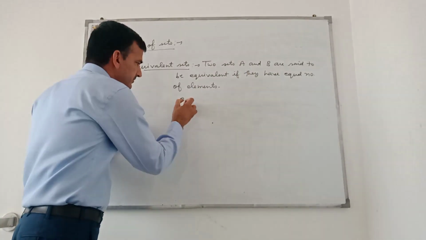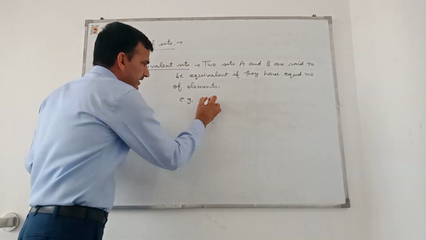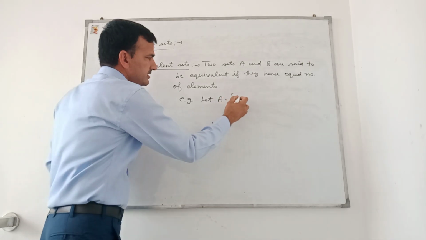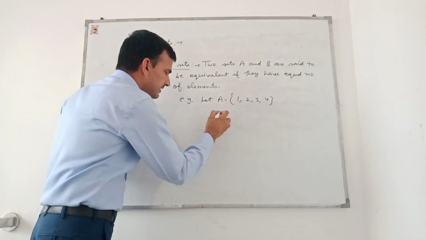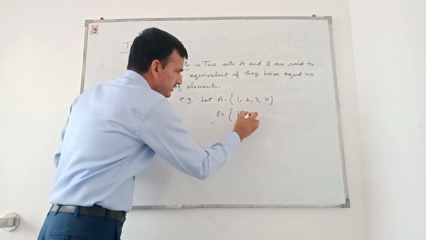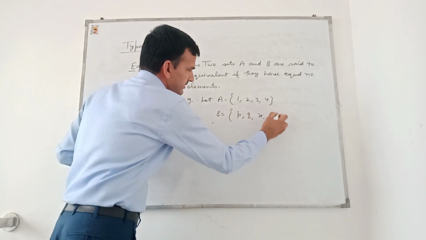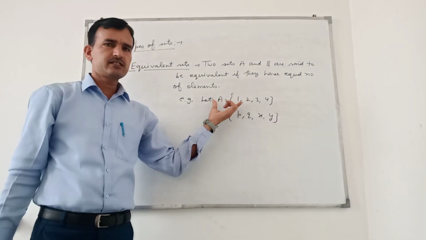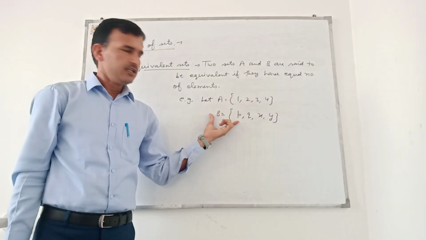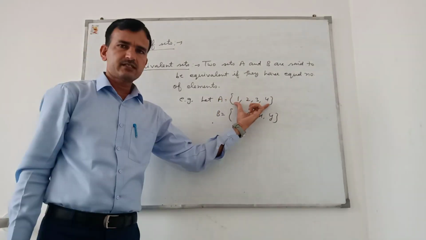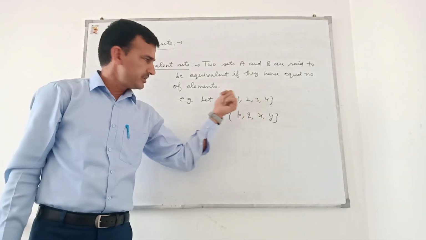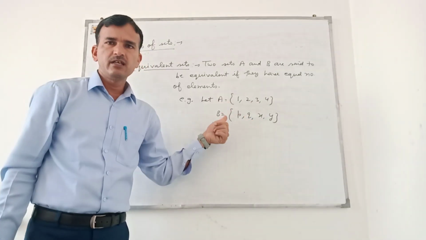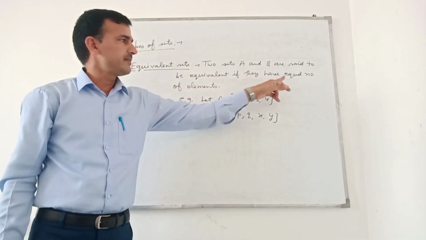For example, let set A is {1, 2, 3, 4} and set B is {p, q, x, y}. Let this set be A and this set be B. Then there are 4 elements in set A as well as in set B. These two sets A and B have equal number of elements.